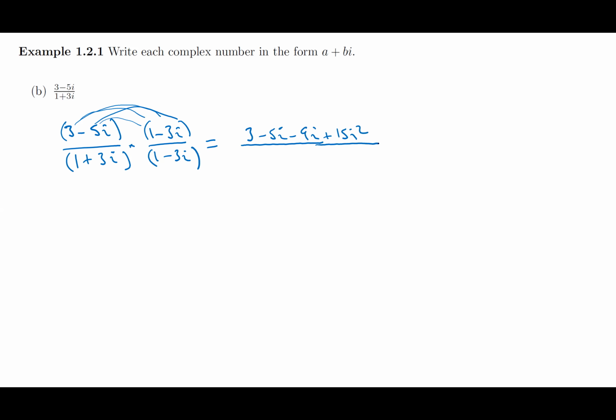Okay. Now my denominator, interesting thing happens. I get 1 plus 3i minus 3i minus 9i squared.